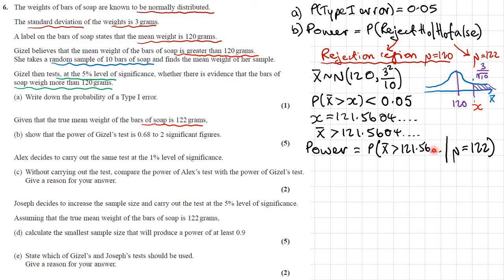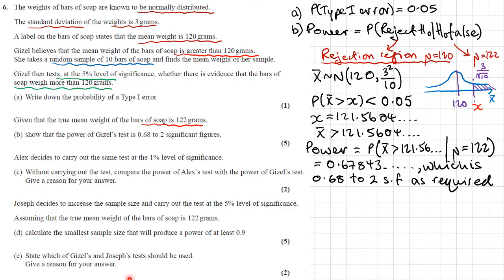You can just use the answer button. The upper value, just anything big like 99999. We'll put in a mean of 122, the same standard deviation, 3 over root 10, and that gives us 0.67843. And I can see that this is 0.68 to 2 significant figures as required.